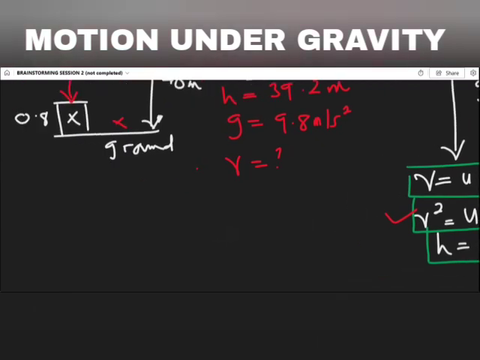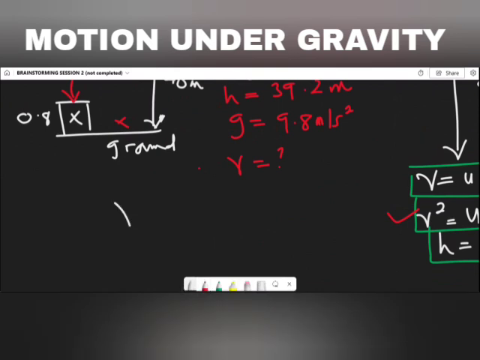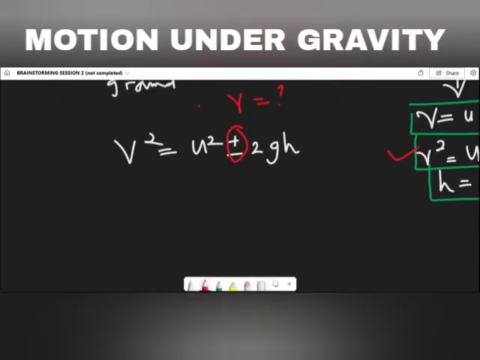So making use of that, I'm going to have V squared equals U squared plus or minus 2gh. The next thing to consider is whether I will use the positive sign or the negative sign. Using the positive sign, because my gravity is positive, I'm going to have V squared equals U squared plus 2gh.